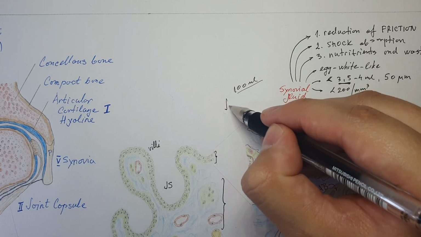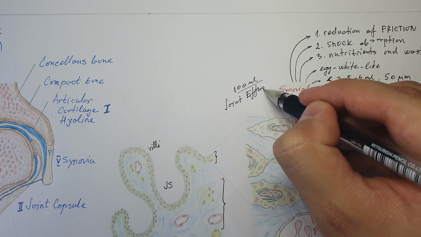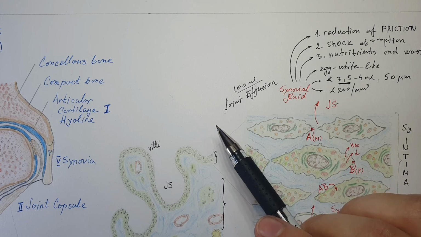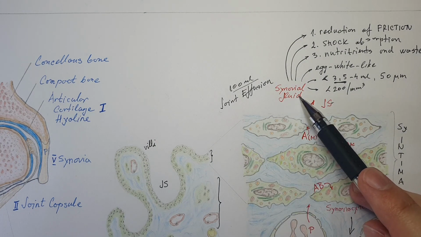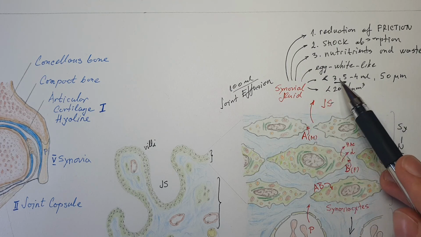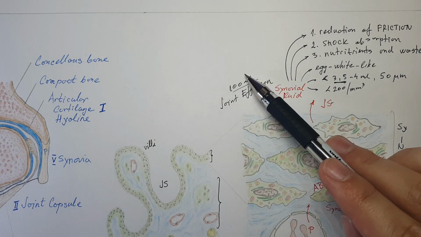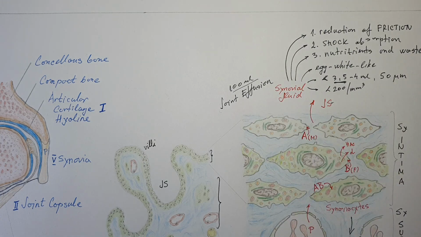And you can appreciate that you have joint effusion. The reasons can be many, but you need to know that normally only a small amount of synovial fluid is physiological, so 3.5 milliliters or less. If it comes to an effusion, you can see it with your eye, you have probably about 50 to 100 milliliters or more synovial fluid in the joint.